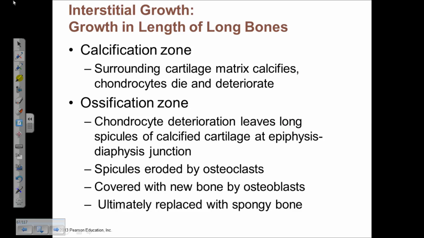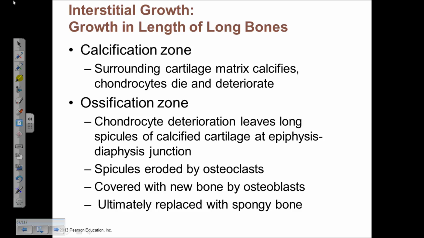In the calcification zone, chondrocytes are dead, and the matrix of the cartilage becomes calcified, becomes solid. So what it's going to look like, do you know that cheese with the holes in it? A Swiss cheese, okay. Imagine that it becomes very, very solid.